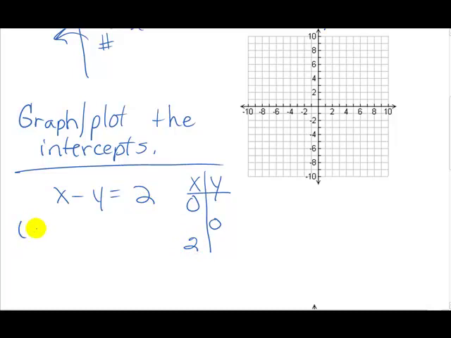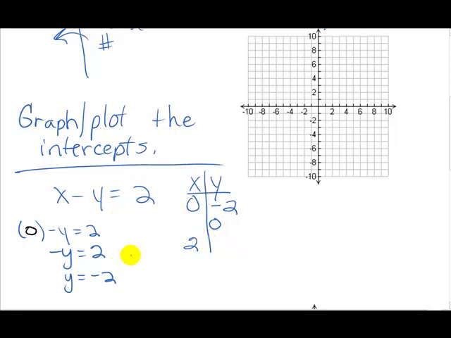So we'll have x minus y equals 2, and then we'll put 0 in for x, and so -y equals 2. Divide by the -1, and so then y would be -2.